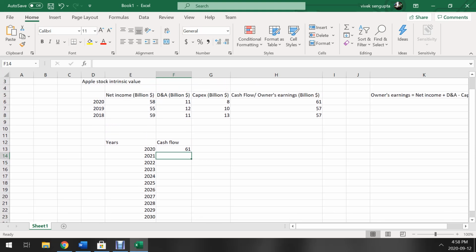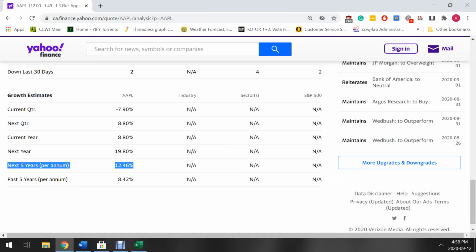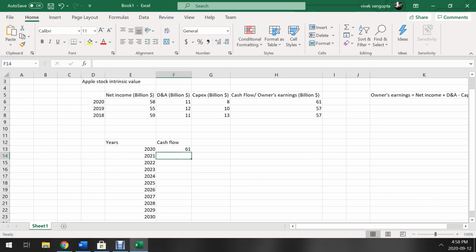Now, what's going to happen is, if we assume for the next 5 years Apple is going to grow at this rate, let's say 12%, you have to take this money here and multiply it by 1.12, because 12% means it became 1.12 times.